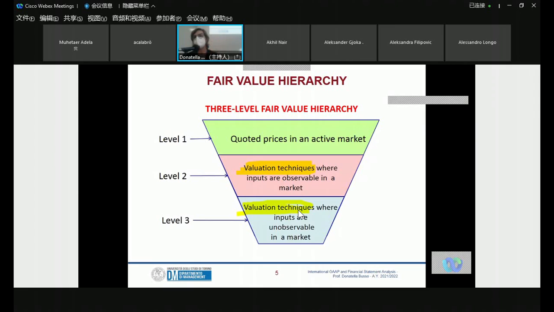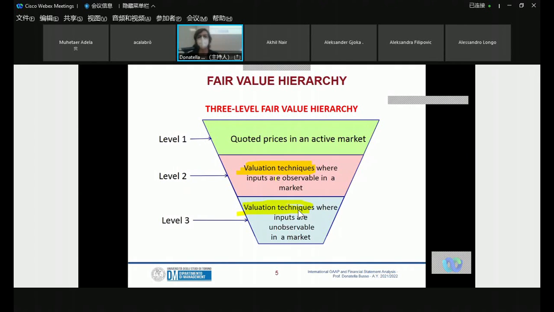These valuation techniques can be very simple, present value, or more complex, Monte Carlo methods, Black-Scholes method, and so on. But at the end, simple or complex, the mathematical formula is a formula. We need to substitute into that formula the inputs: future cash flows, the interest rate, the foreign currency, the price of oil, and so on.